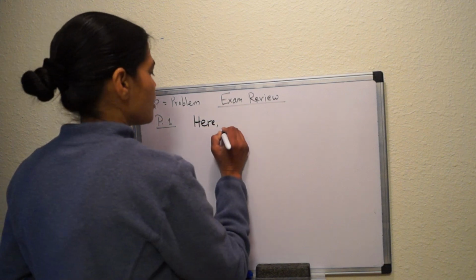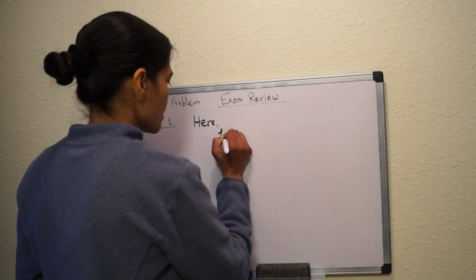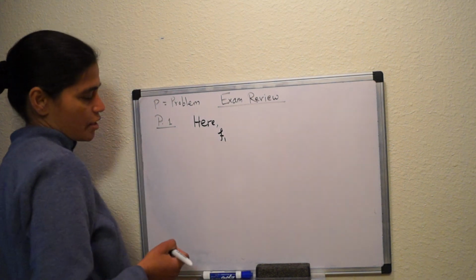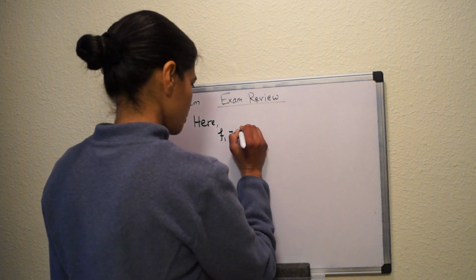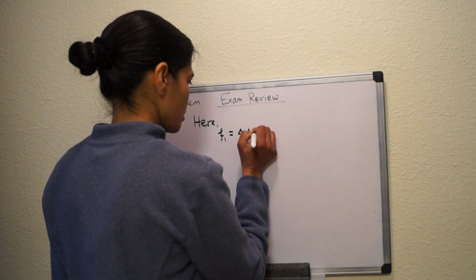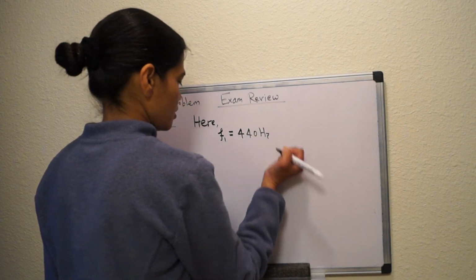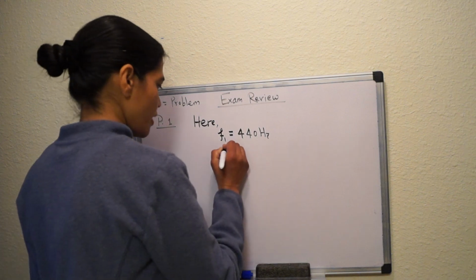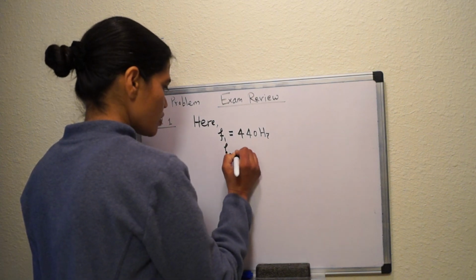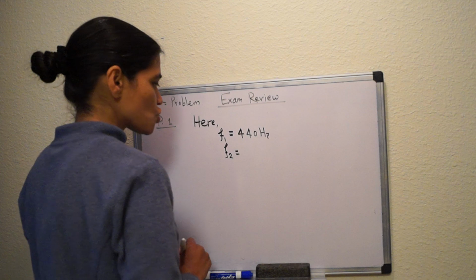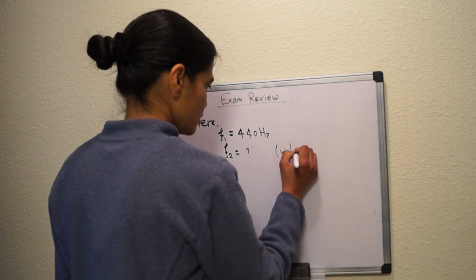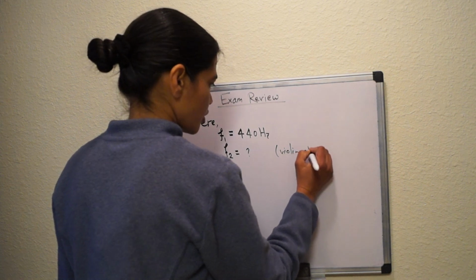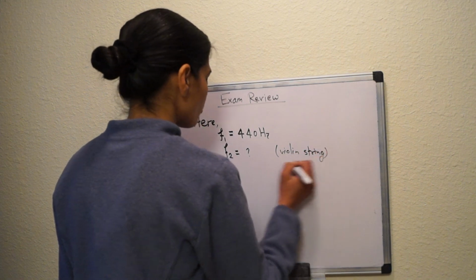Let's call F1 equal to the frequency of the tuning fork, which is equal to 440 Hz. Let us call F2 the frequency of the violin string. We don't know what that is.